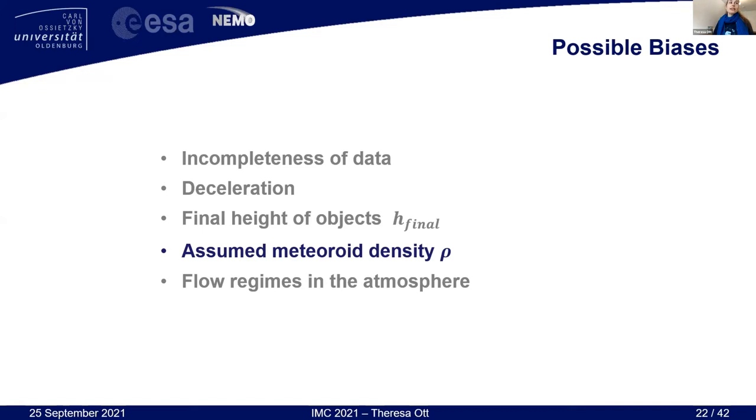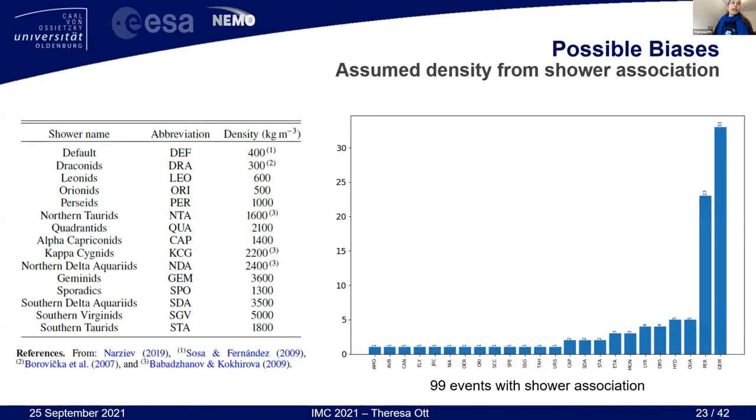Another really important point is the assumed meteoroid density. We think that this is one of the very uncertain parameters in all the calculations, of course. We tried to refine it a bit by using the shower association. For 99 events, we found a shower association, and on the left side, you can see the densities that we assigned to these showers.